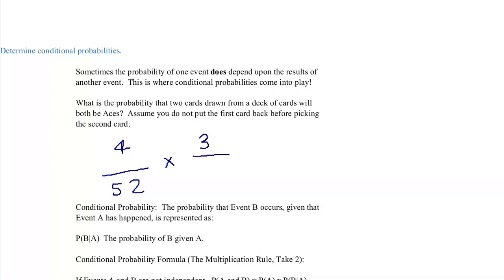Once you pull that first card, you only have 51 cards left. So the probability that you draw 2 aces is the probability that your first card is an ace times the probability your second card is an ace, assuming you already got that first ace. So that's going to be 12 out of 2,652.